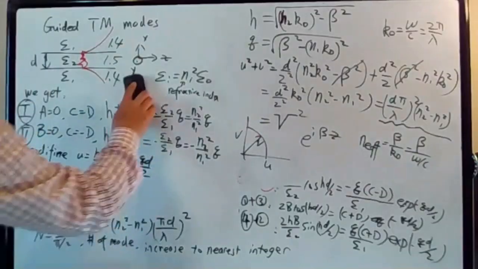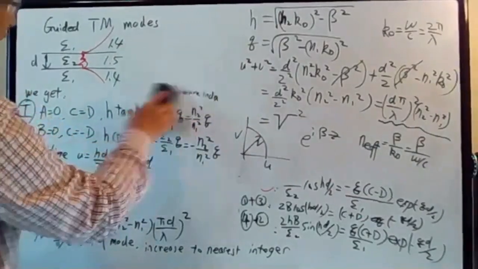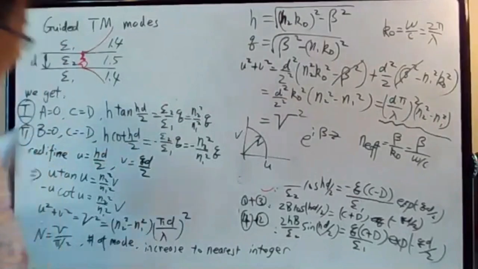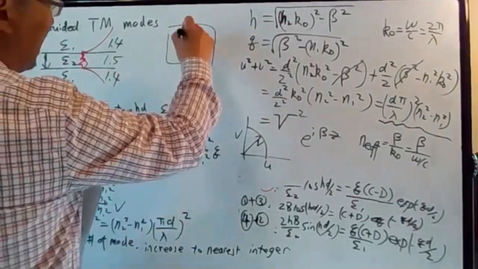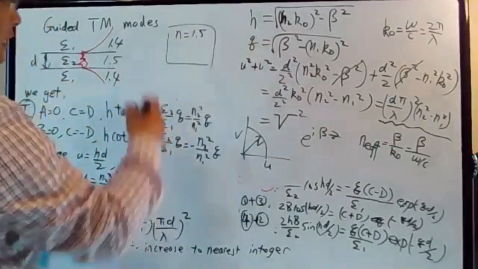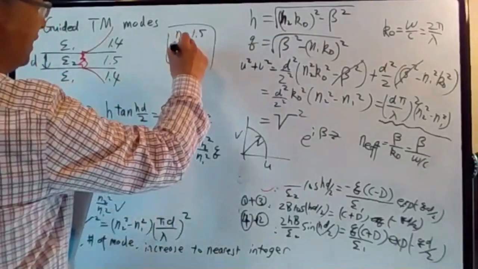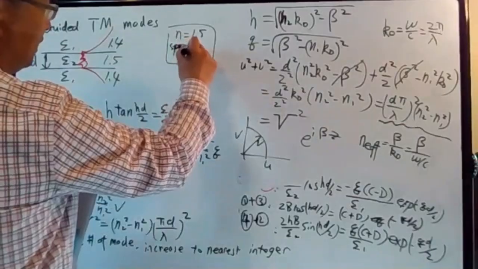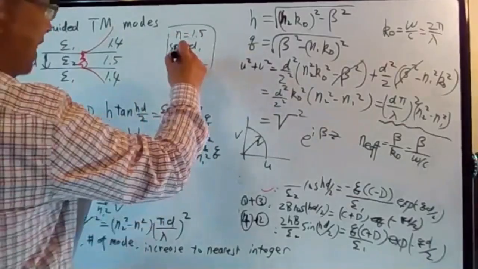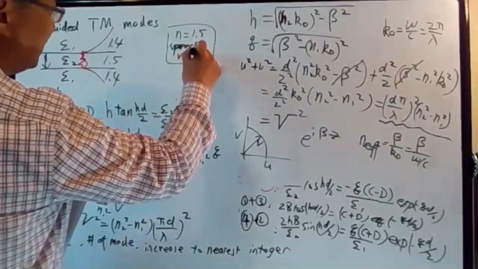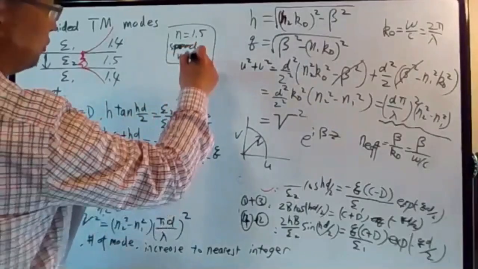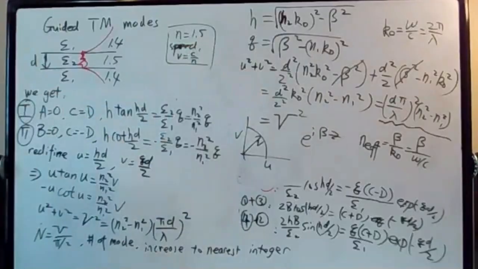Let me write. If I have a bulk medium with index N, say N is 1.5, that means the speed of light v is c, the speed of light in the vacuum, divided by N, right?